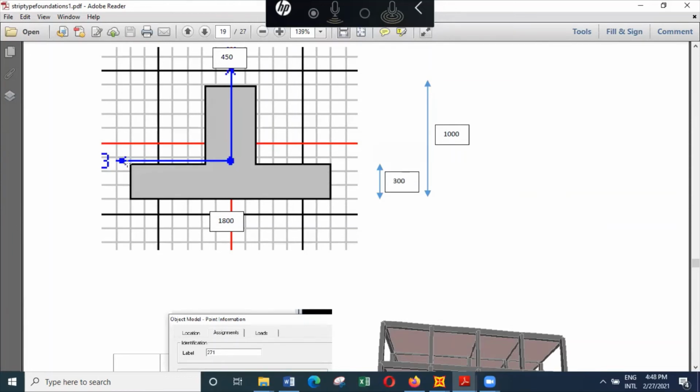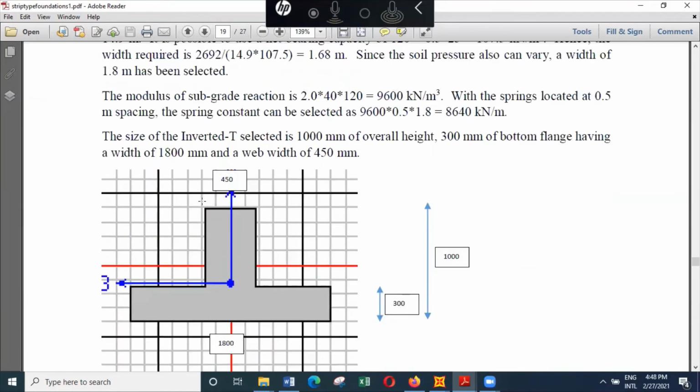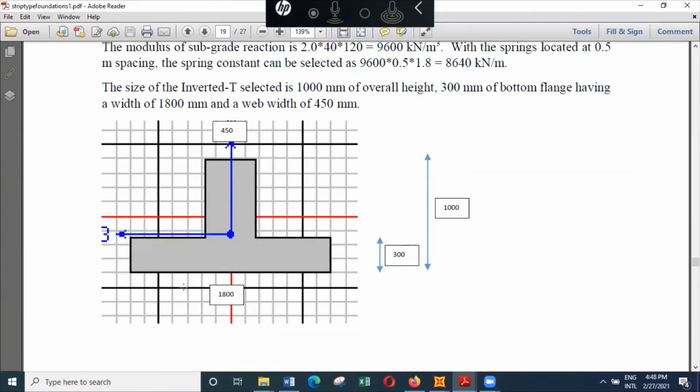That is 0.675 meters. And the pressure that we expect from below is about 144 kilonewtons per meter squared.